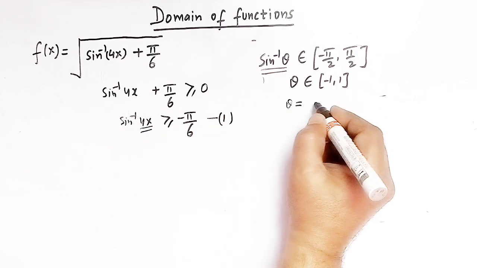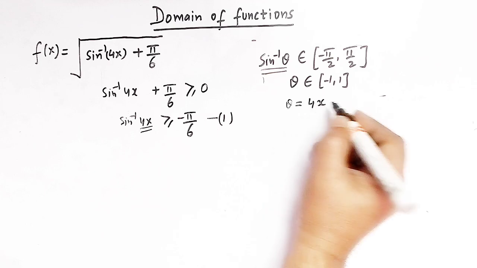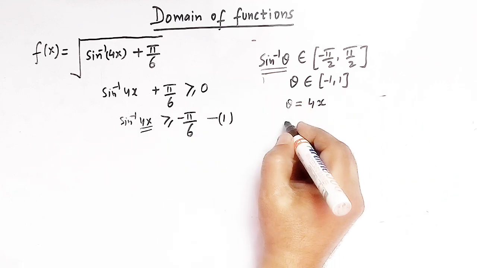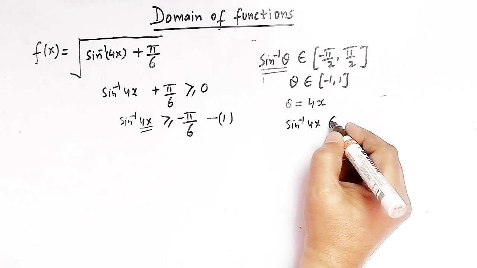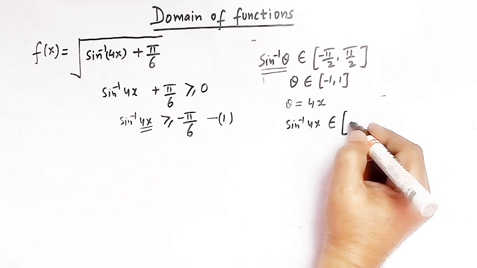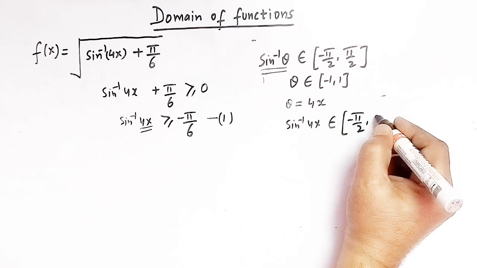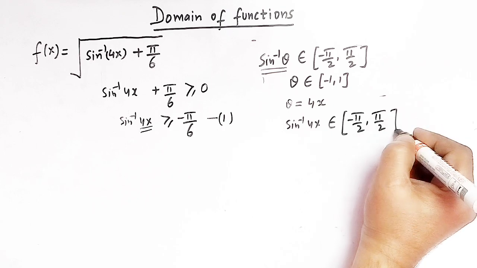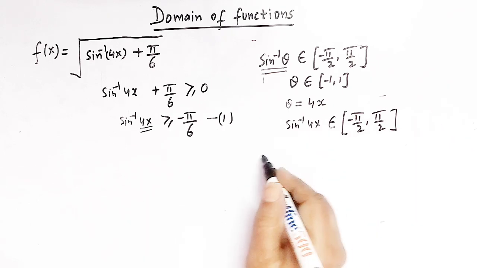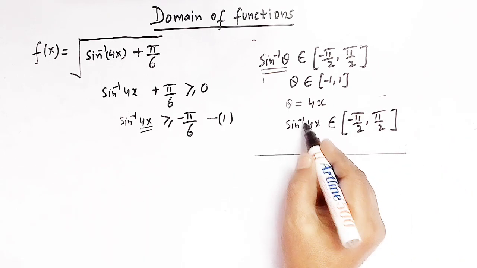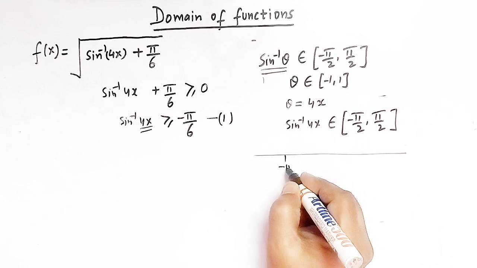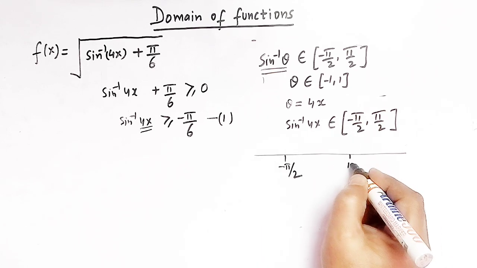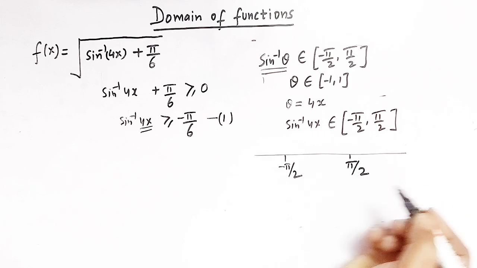So if we take theta is equal to 4x, then sine inverse 4x should belong to this interval, that is minus pi by 2 to pi by 2, right? So here we have minus pi by 2, and here we have pi by 2.